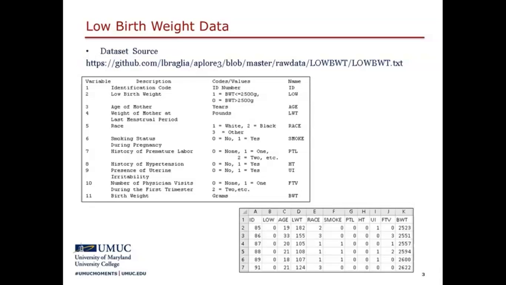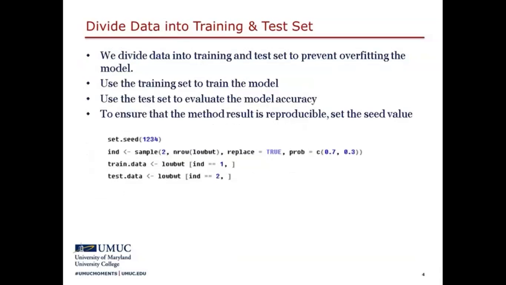Now let's continue. This is a very important step. First, we do the data pre-processing, but after that, we need to divide our data into a training set and a test set. The reason is we want to avoid model overfitting. We don't want to overfit our model to the training data.